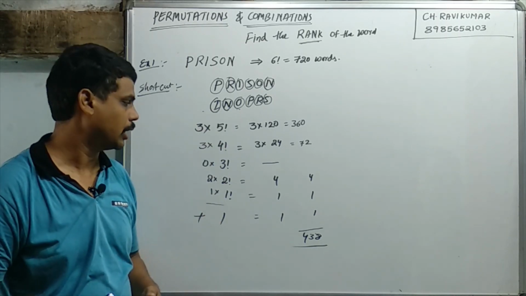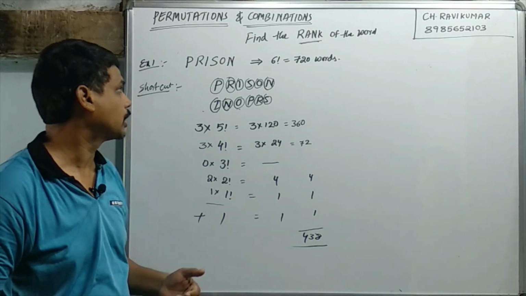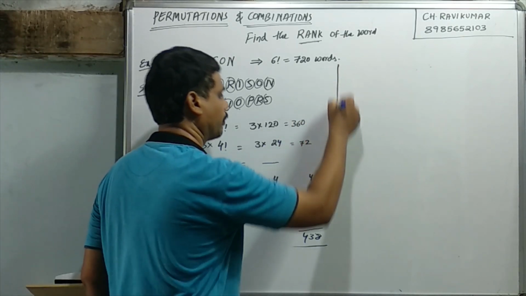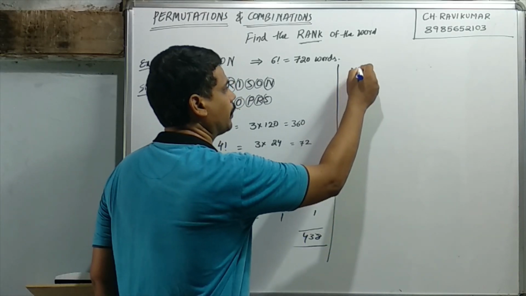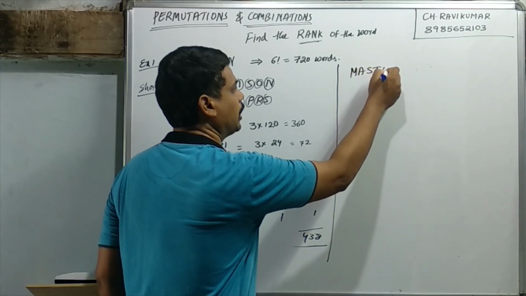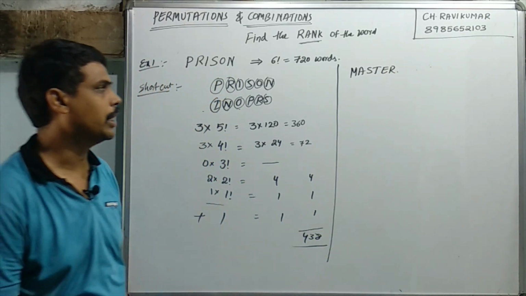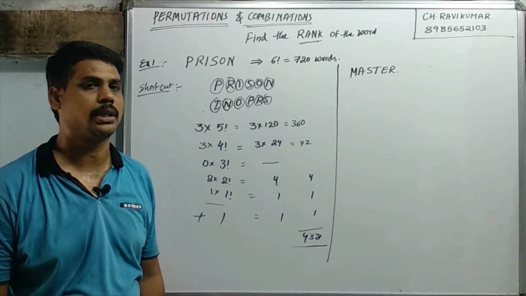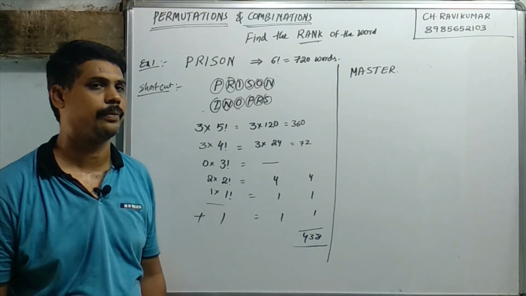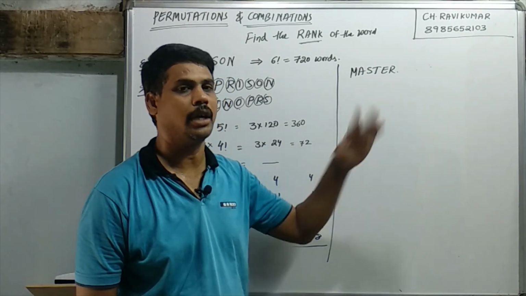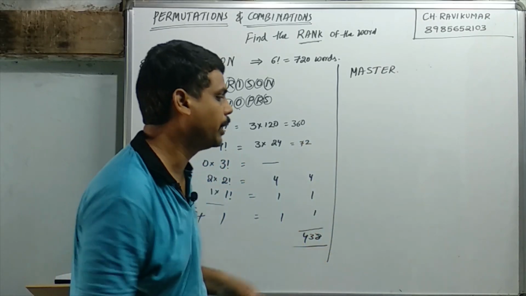We will do this method again, and suppose I take one more word, MASTER. You have to find out the rank of the word MASTER. The step is to arrange it in alphabetical order.